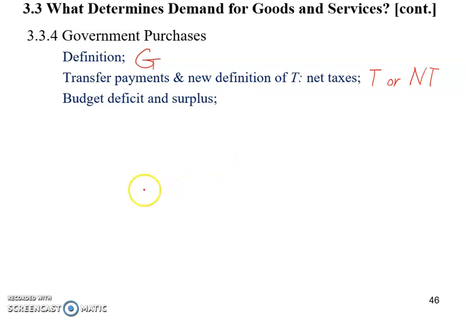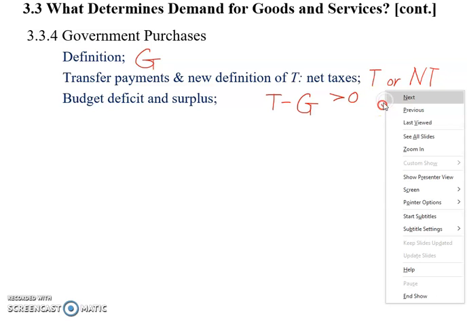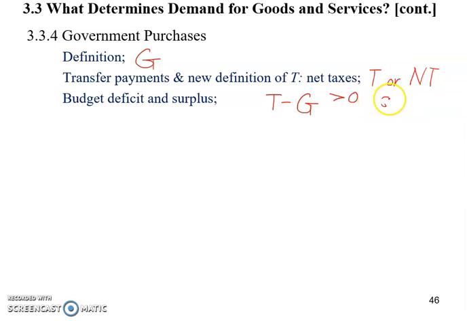Okay, now budget deficit, budget surplus, this is pretty simple, right? If T minus G is greater than 0, that means the money the government collects is more than what it spends. So this is a budget surplus.